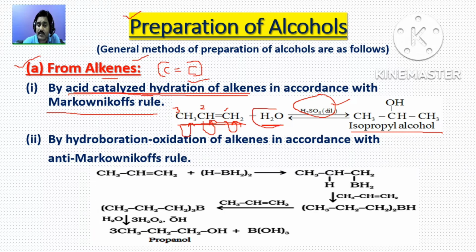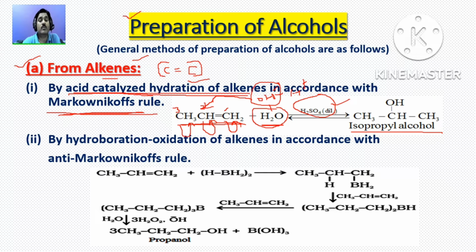Water is split up into OH negative ions and H plus ions. Then what happens? These OH ions combine with one of the carbon atoms. Markovnikov says that OH combines with that carbon atom which has a lesser number of hydrogen atoms and is also bonded with the double bond.